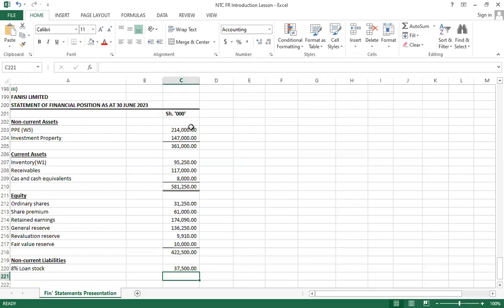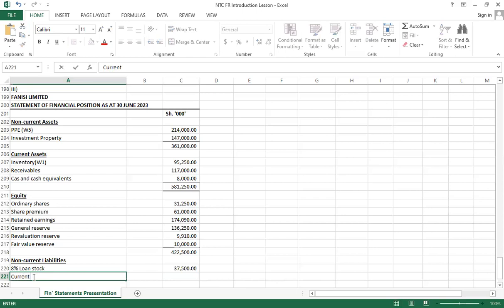So we just had in general a tax liability, and that should be a current liability. Lastly, we look at the current liabilities.